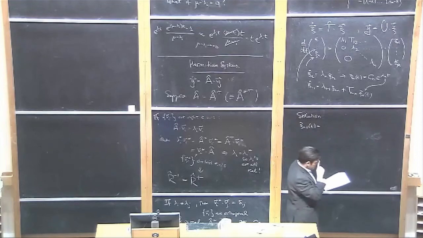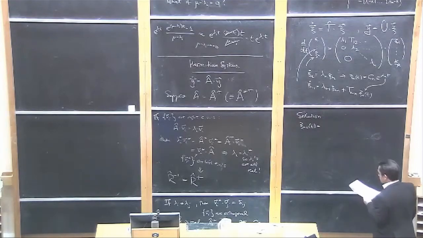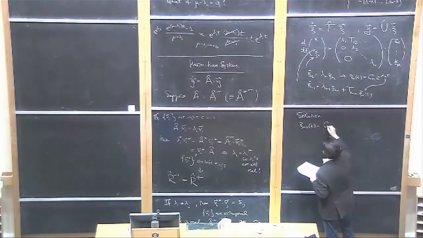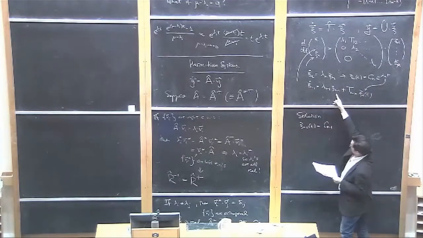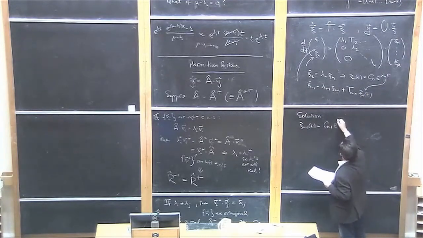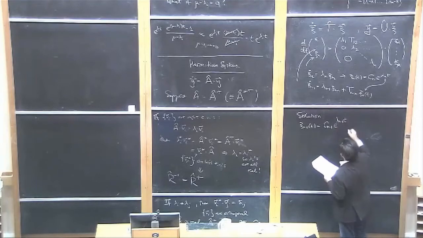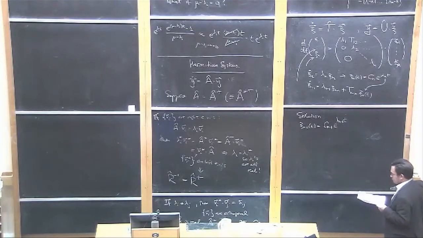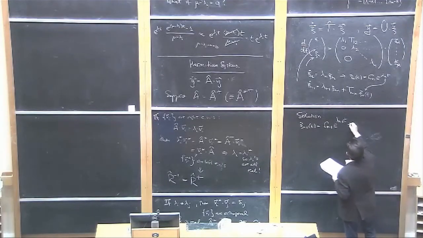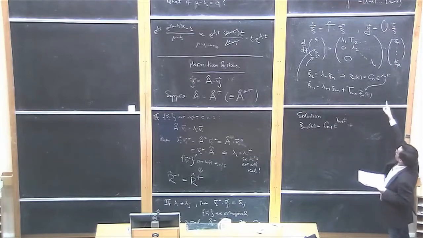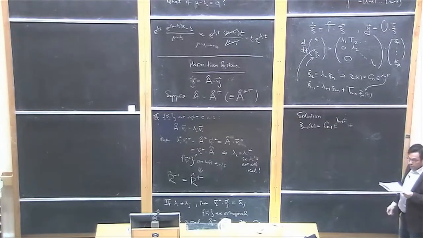Xn minus 1 of t is equal to the solution of the homogeneous equation, which is e to the lambda n minus 1 t, plus a particular solution corresponding to the exponential force.